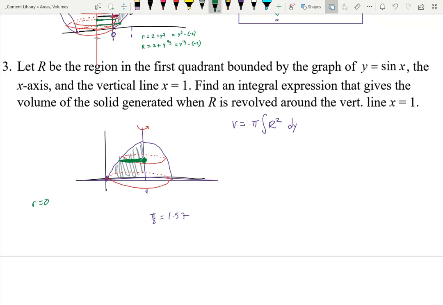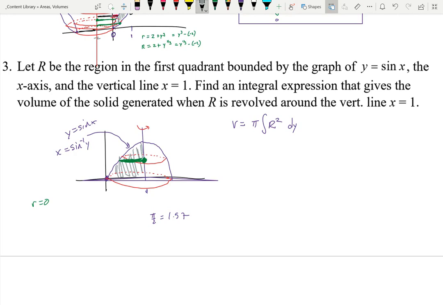But because we're doing an integral with respect to y, I need to rewrite my function. So this function right here, which I know is sine of x, I now have to solve for x. And I'm going to get the inverse sine of y. So if y is the sine of x, then x is the inverse sine of y.